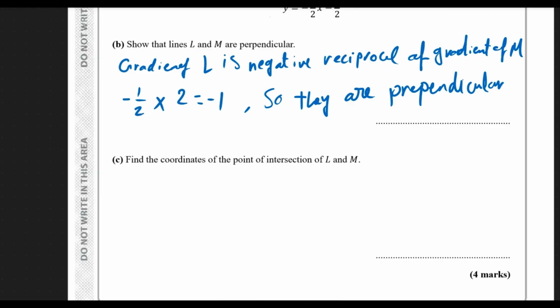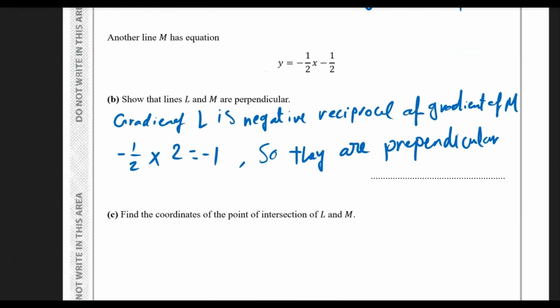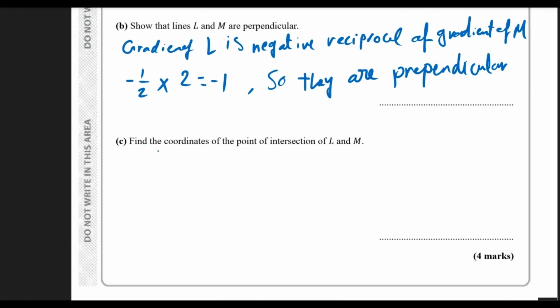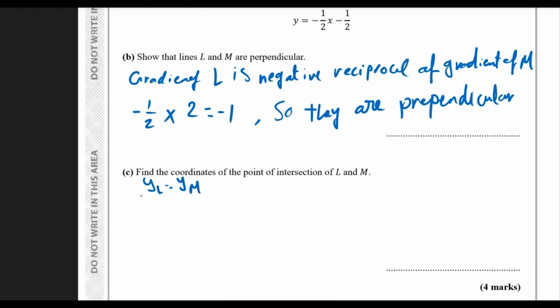And now we know the equation of L here, y equals 2x take away 4. So yL equals yM at this point, and yL equals 2x take away 4, so 2x take away 4 equals the equation of M, which is minus half.